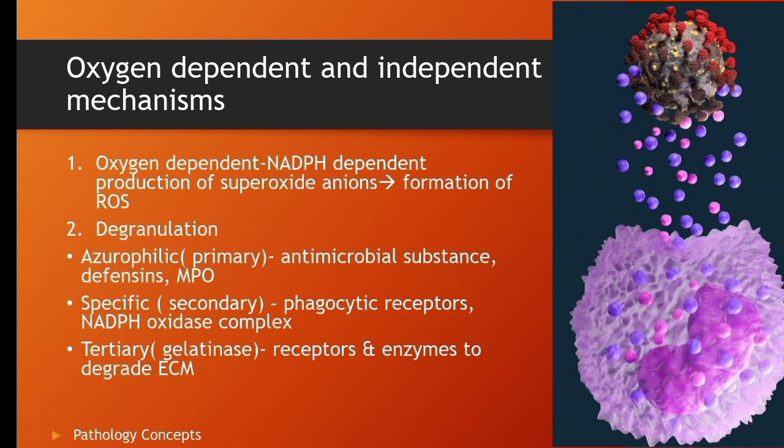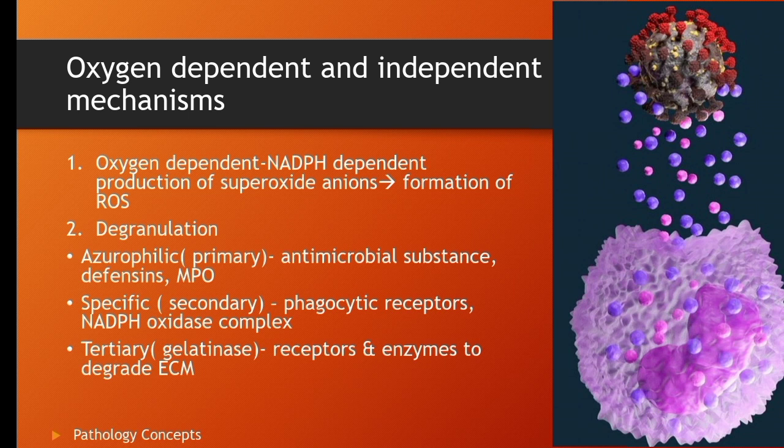It is degranulation. The degranulation of the visible granules of the neutrophil is an important mechanism, and these granules are subdivided into three classes according to their content. Azurophilic granules contain antimicrobial substances, lytic enzymes, peptides, defensins, and myeloperoxidase.